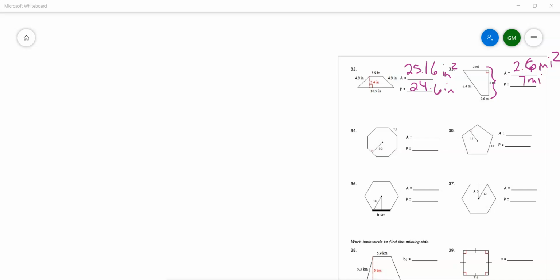Okay, moving right along, we are going to move to an octagon. And it's an octagon because it has 1, 2, 3, 4, 5, 6, 7, 8. So we have 8 sides. We're going to find the area and perimeter. Let's find the perimeter first because we need the perimeter in order to find the area anyway.